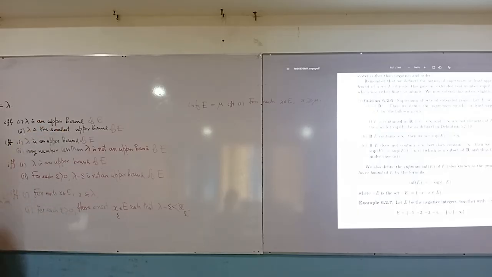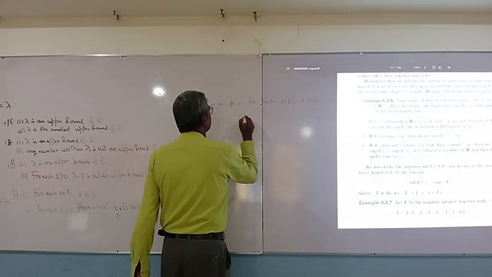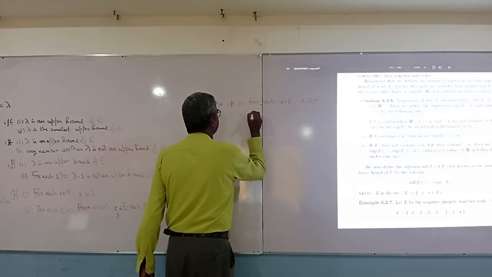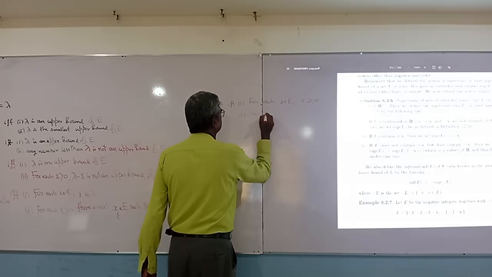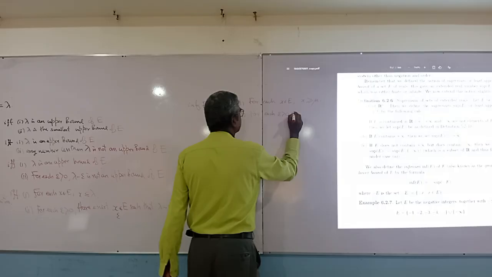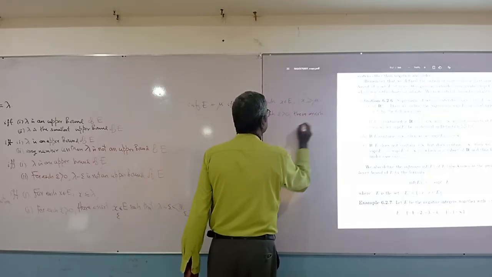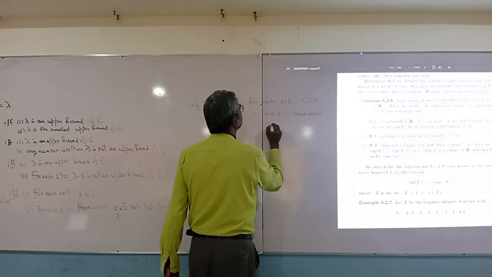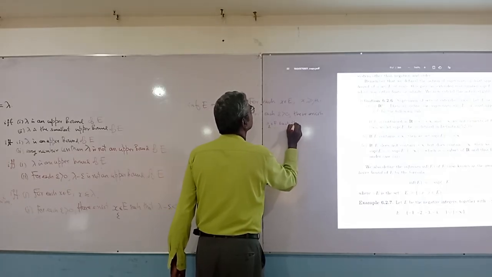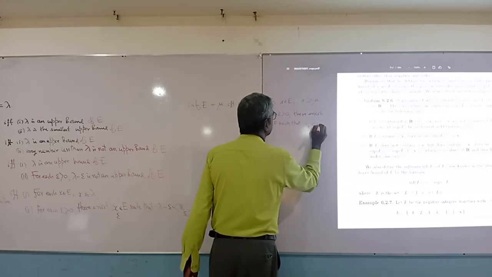And the second one is for epsilon greater than 0, there exists x epsilon belongs to E such that x epsilon is strictly less than mu plus epsilon.